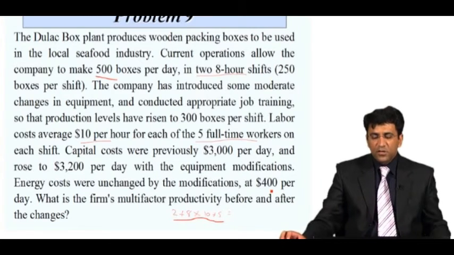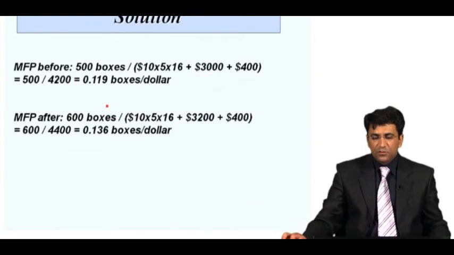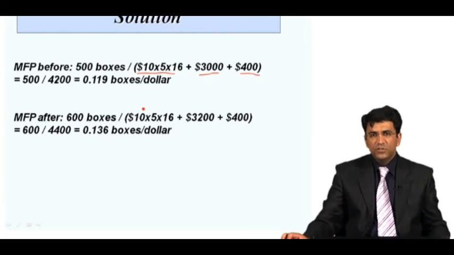So our total inputs will be equal to labor input plus capital cost plus energy cost. This is the labor cost, this is the capital cost, and this is the energy cost. So our old productivity will be equal to 500 divided by 4200, and it will be equal to 0.119 boxes per dollar.